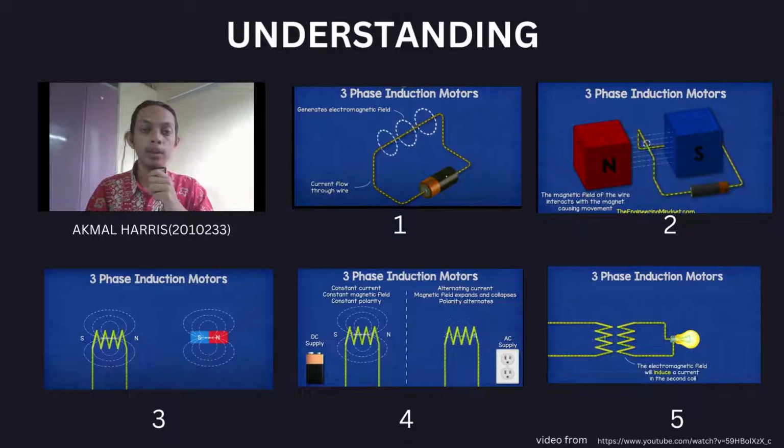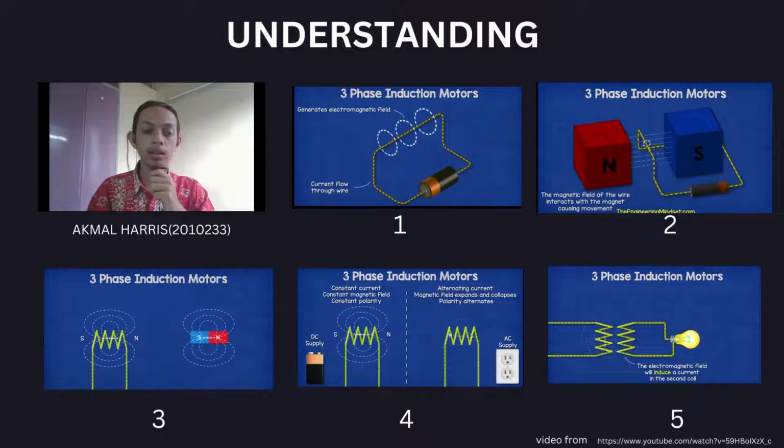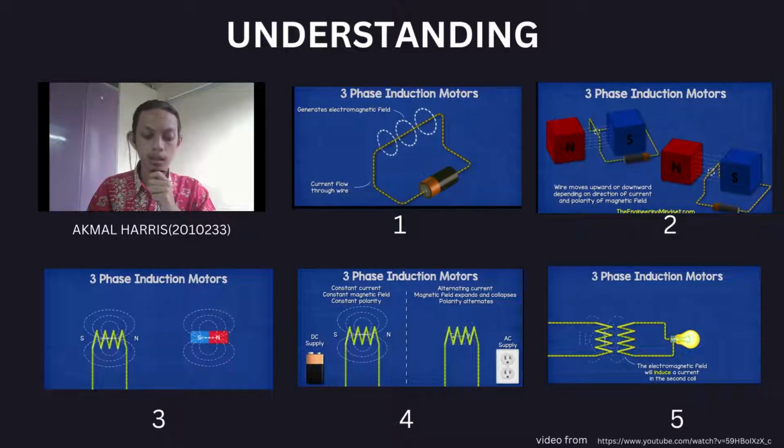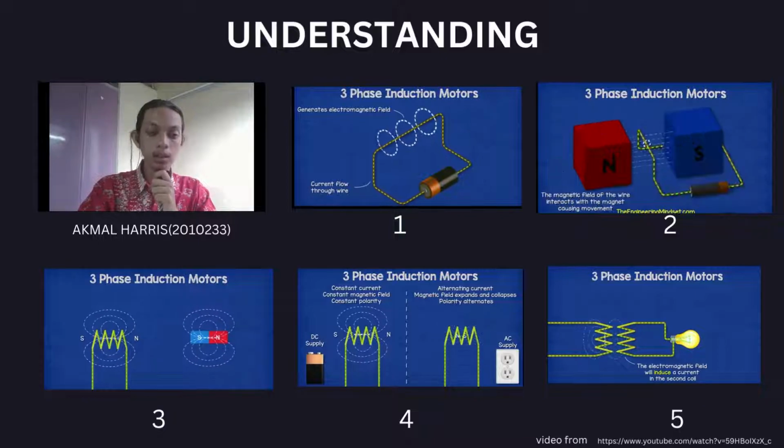It depends on the direction of the current flow or the magnetic field polarities. Next, when we wrap the wire into a coil, it will produce a stronger magnetic field and will generate a north and south pole like a permanent magnet. In the next animation, it explains that when we pass an alternating current, the polarity also alternates, so we can see it move like in the fourth animation.